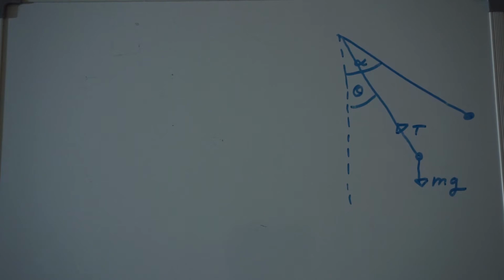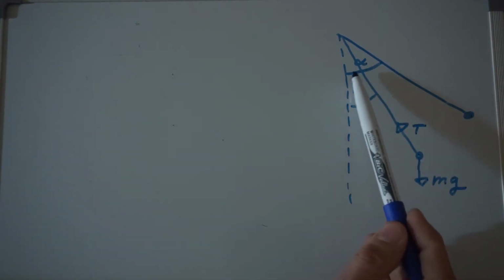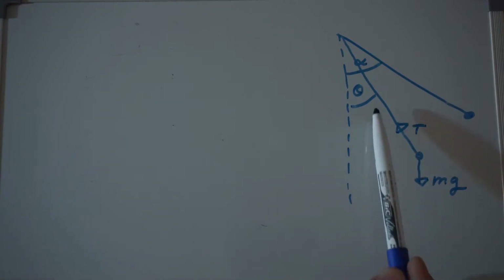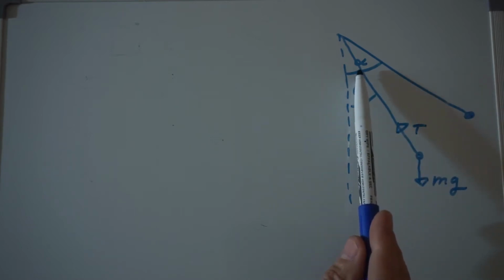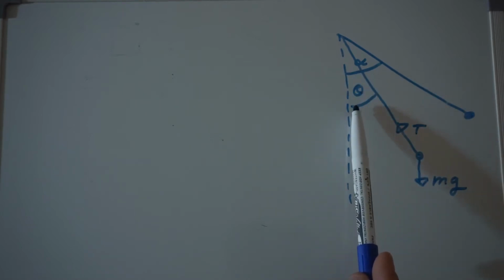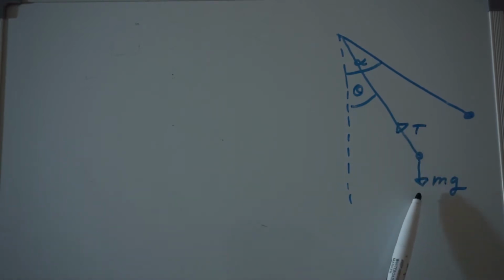Okay, the diagram shows the initial position with the string at an angle that I'm going to call alpha to the vertical, and the position at some stage in the motion at an angle that I'll call theta. Alpha is the release angle, which is fixed. Theta obviously varies during the motion. The two forces we need to consider are the tension in the string and the weight force.